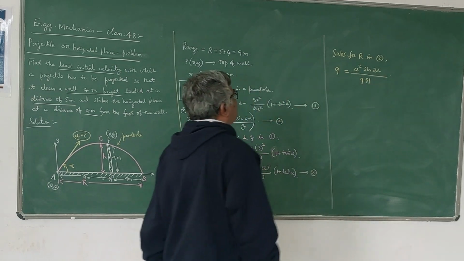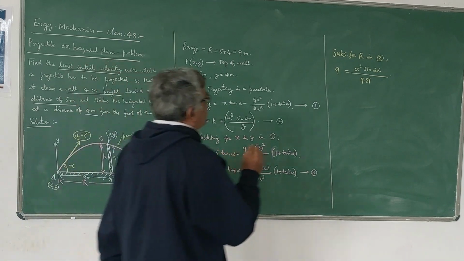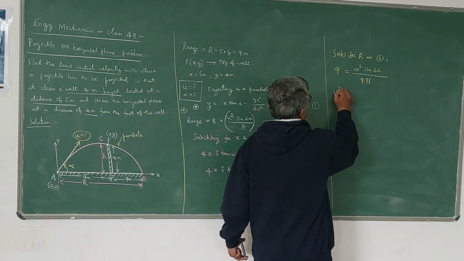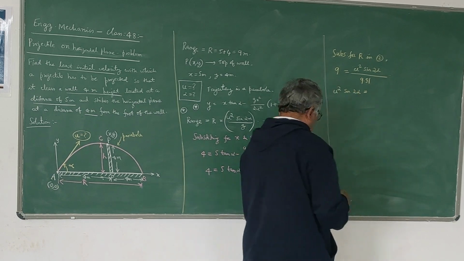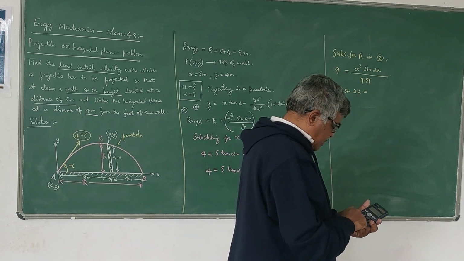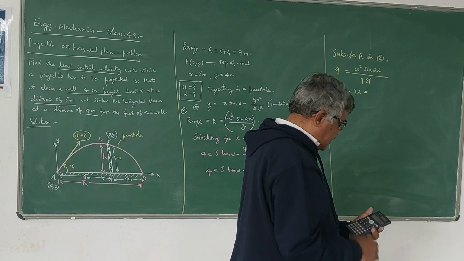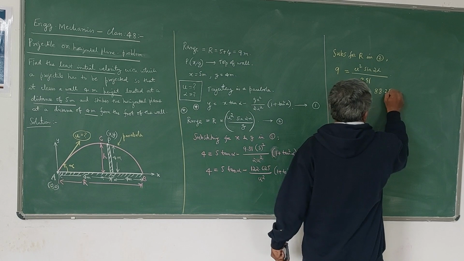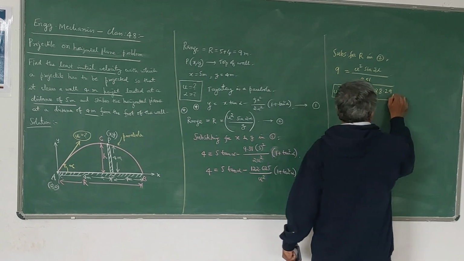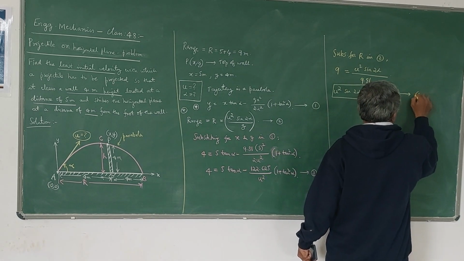Now from this, by cross multiplication, u square sin 2 alpha will be equal to 9.81 into 9, which is 88.29. We get equation 4.